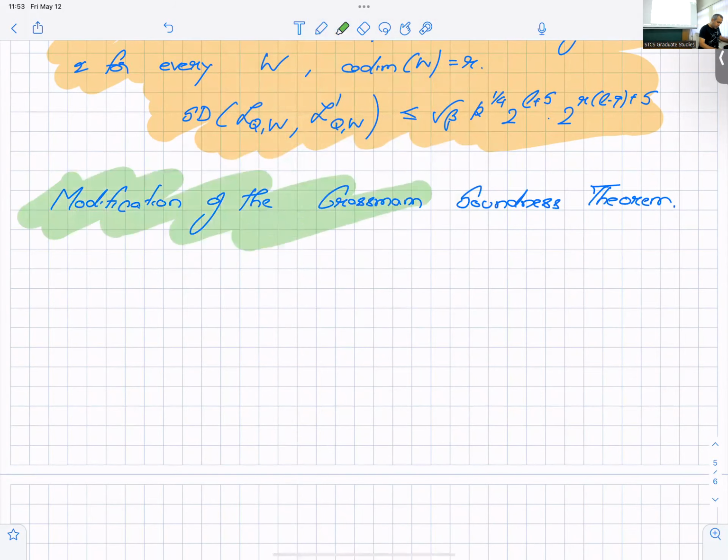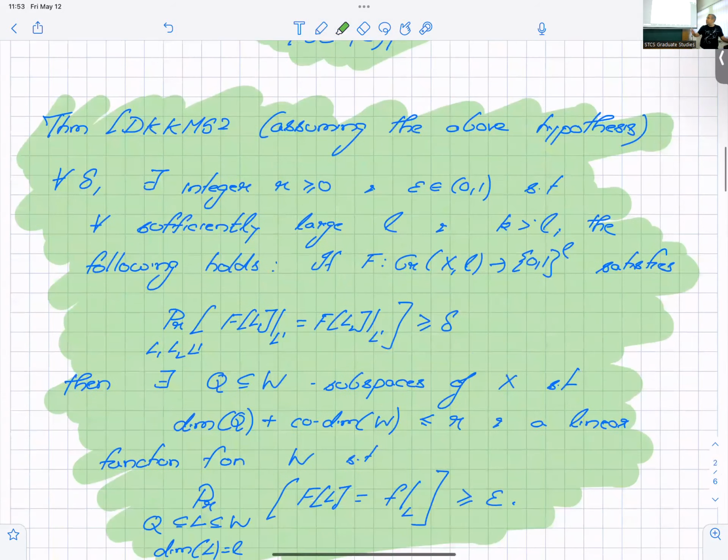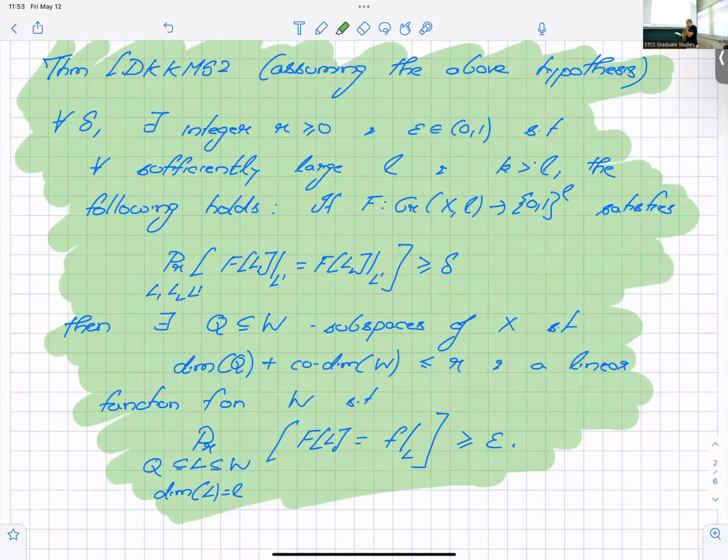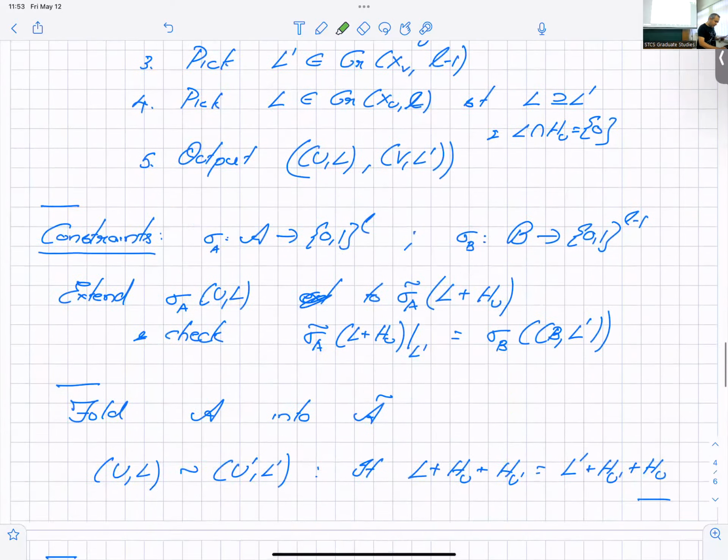Basically, it's going to be a modification of this theorem that we had put up at the very beginning. So remember this theorem. I'm going to write something which looks very similar. This is the formula.